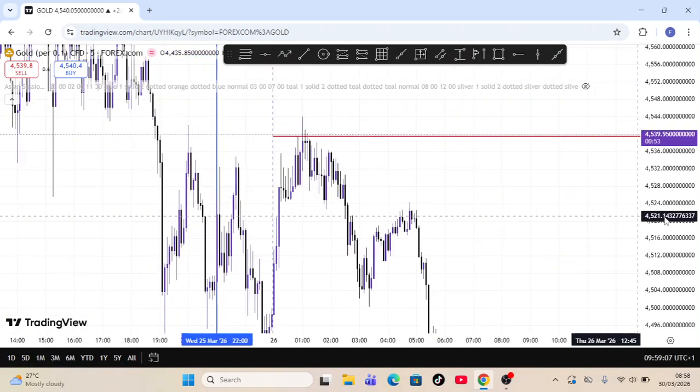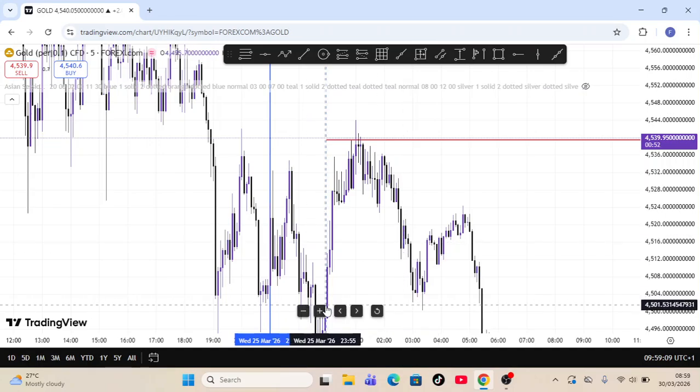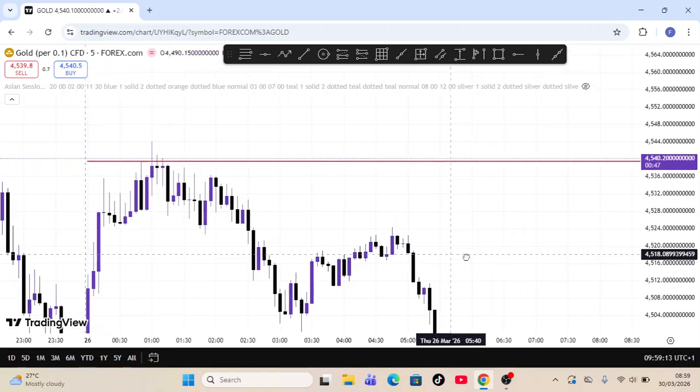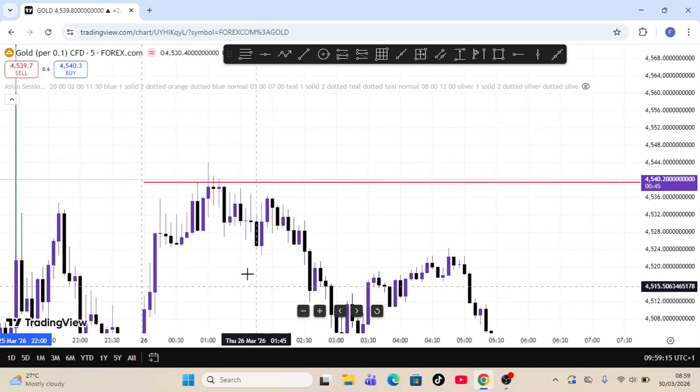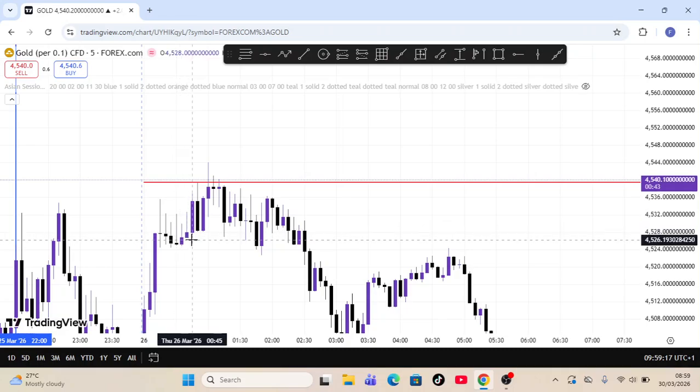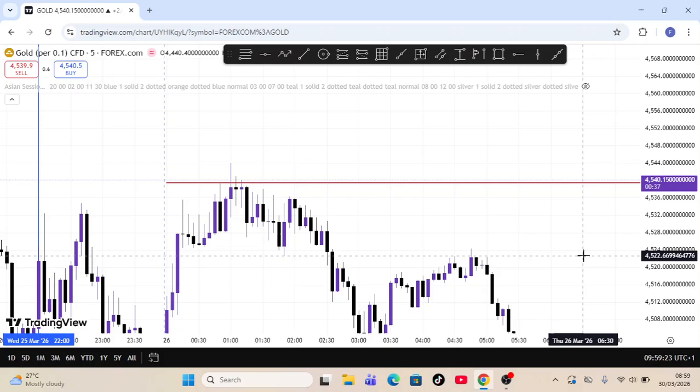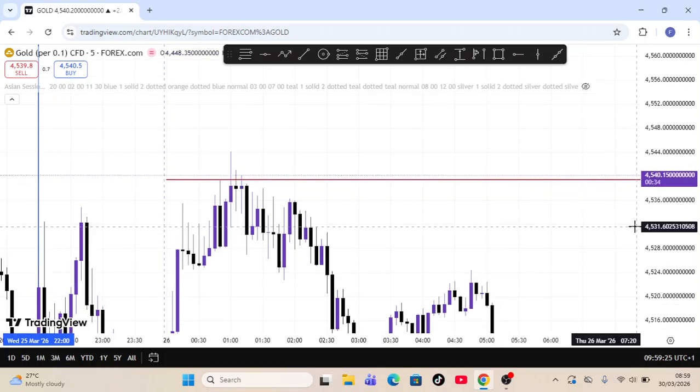After you scale to your 5 minutes time frame, you mark the low that caused the sweep. After you scale to your 5 minutes time frame, you mark the low that caused the sweep.